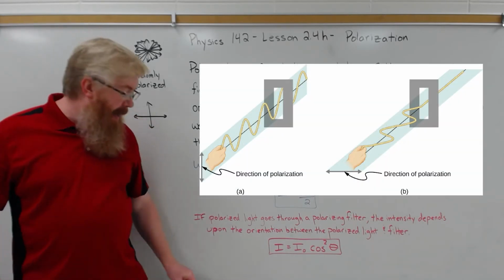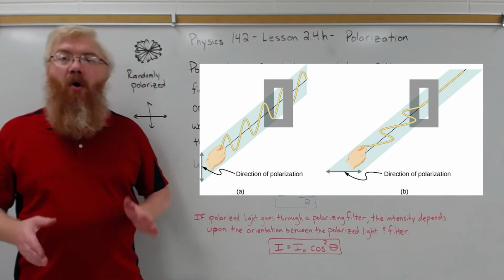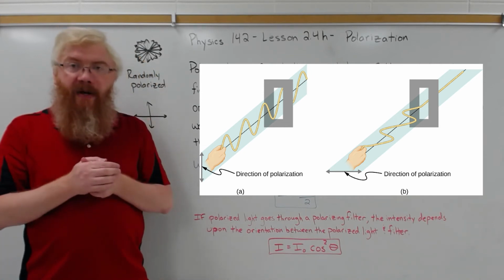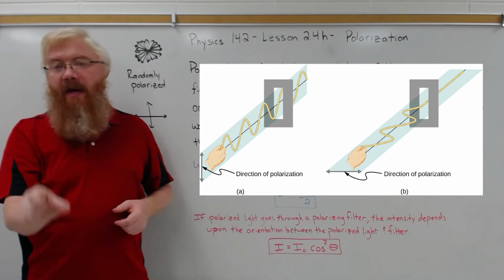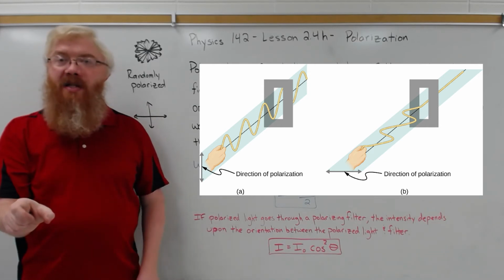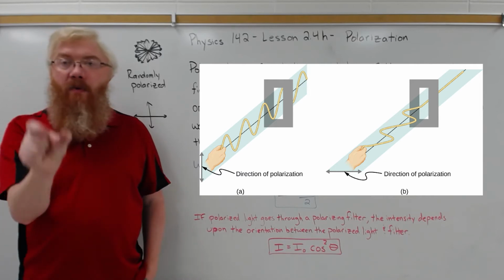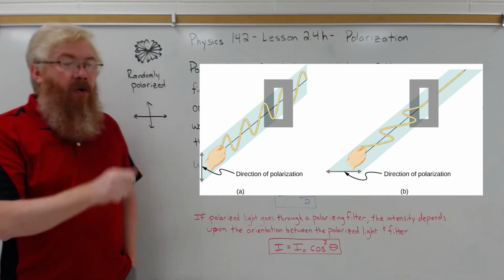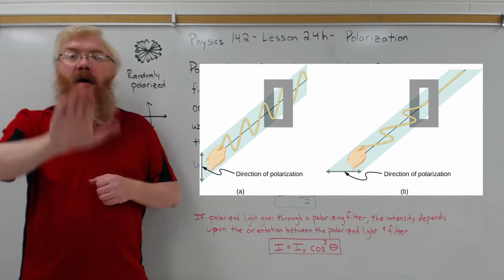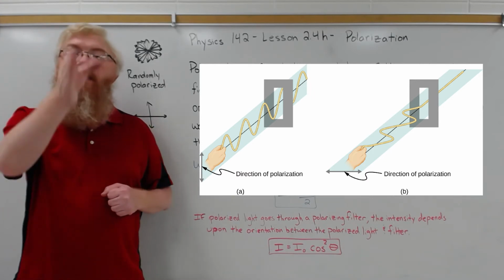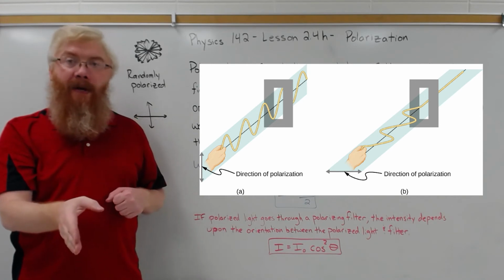So one analogy that I like to use is a rope through a narrow wooden fence. So imagine a fence with a lot of narrow slats, and of course you have the empty openings between each slat, which happen to be exactly the width of the rope. So you could take that rope and swing it up and down. Those waves would pass through the slat because the rope can move up and down through the opening.